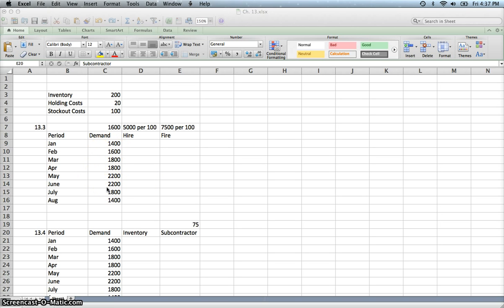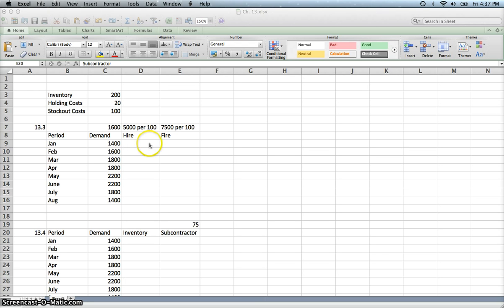And what a chase strategy is, you simply hire more workers, or you fire workers to reduce production. Now, one of the keys to doing this is we need to know what those costs are, and they have figured those out. Those costs are not necessarily associated with an exact number of employees, but it pertains to the production.